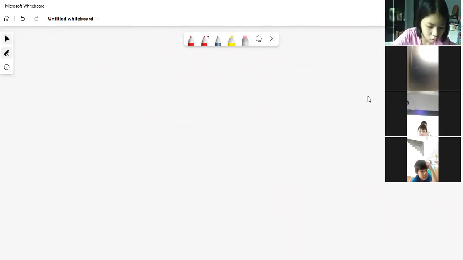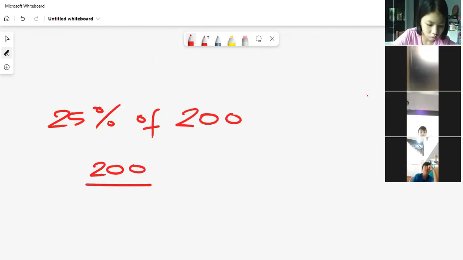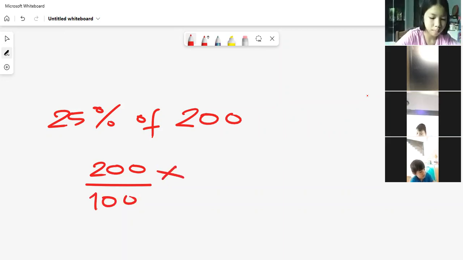Another one, I want you to try. What is 25% of 200? This is easy. It will become 200 over 100. It's always over 100 times 25.